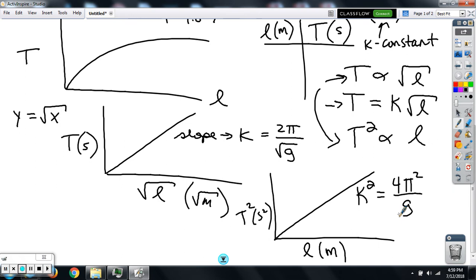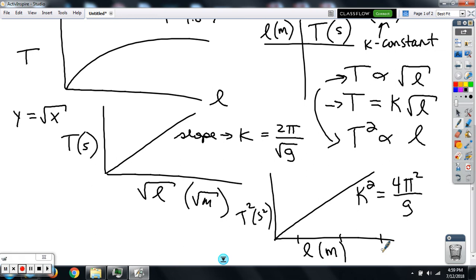So think about that. What could we use this data to obtain? Well, here I am finding using different length pendulums.